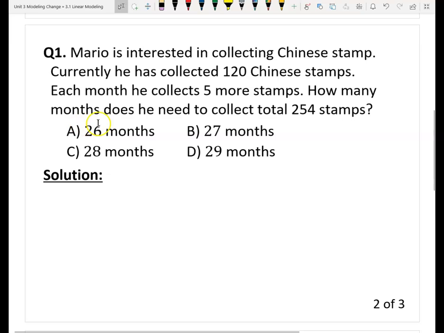How many months does he need to collect a total of 254? Because the model goes up, sometime later Mario can definitely reach 254 stamps, right? But we don't know how many months. And this is exactly finding the time for a linear model.